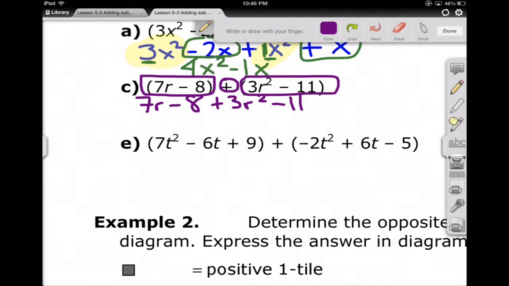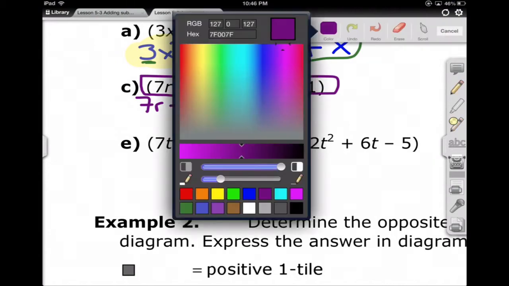So make a real careful point of noticing that doesn't change anything. Plus signs don't go reversing signs, and that's going to be really important for you to know, because in the examples that are going to follow, that's not going to be a plus sign. That's going to be a decrease or a minus sign, and it will have an effect on the items in the parentheses to the immediate right.